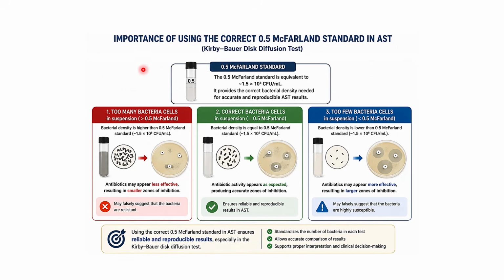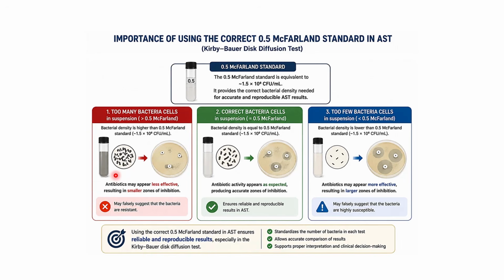So now, based on this knowledge, let us see the importance of using the correct McFarland standard, and in this case the 0.5 McFarland standard, in antibiotic susceptibility testing in the Kirby-Bauer disc diffusion test by: 1.